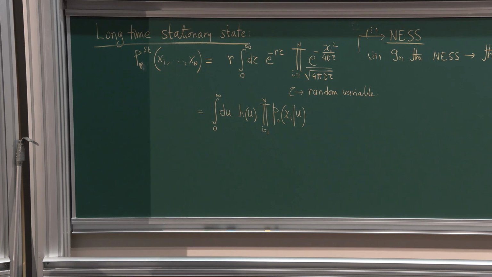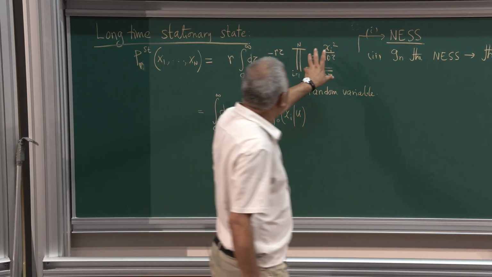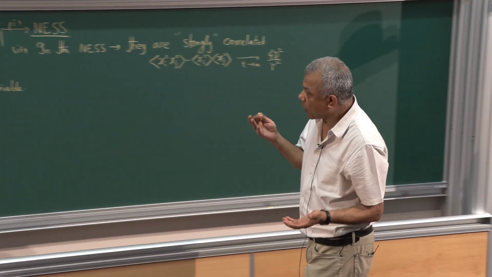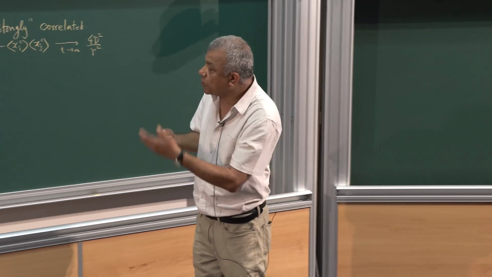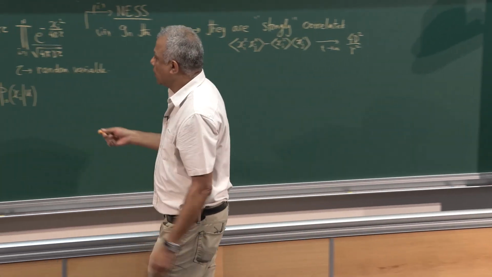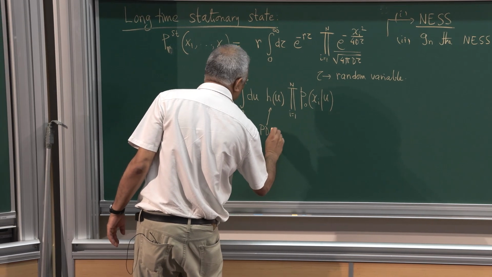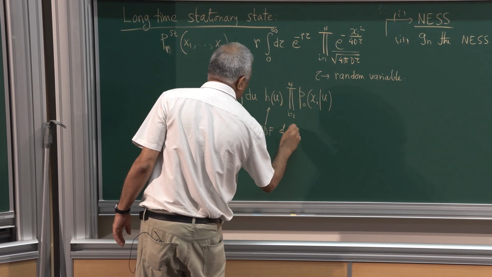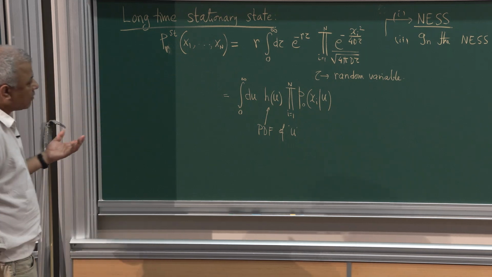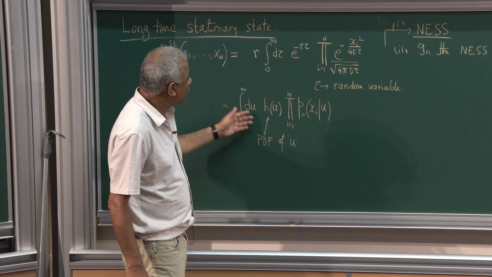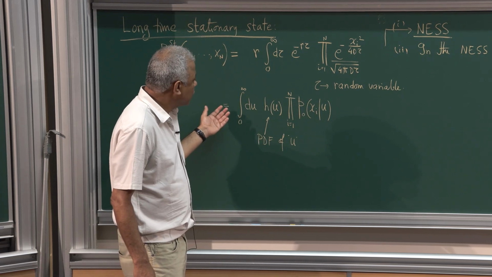Suppose your individual distributions are conditioned on, or parameterized by, u, and this parameter u has a PDF, h of u. The parameter is a random variable drawn from h of u, and then you have to integrate over all possible values of u. Okay, so that's the structure.